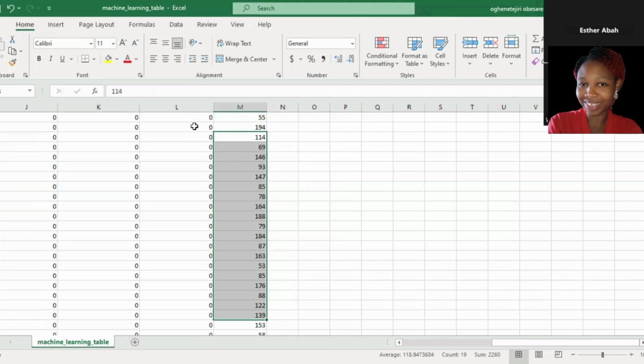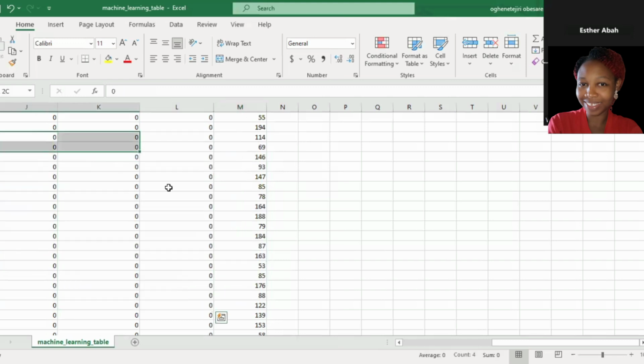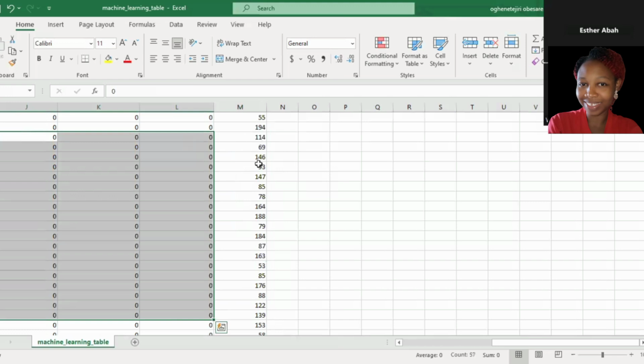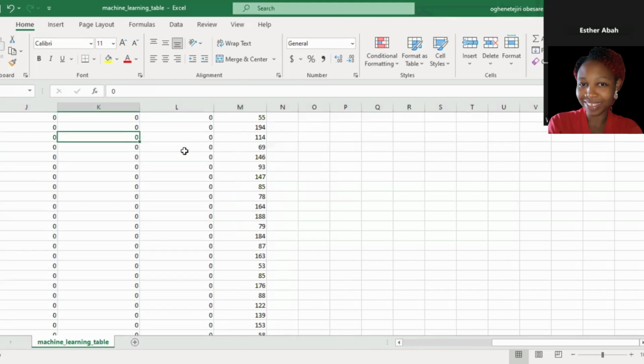With this information we have fed it, we say, okay, predict Y based on this information. So for this row, row 33, the answer should be 114. So we feed it this information of row 33, 0, 0, 0 as the X test. The answer for the Y predict should be 114.